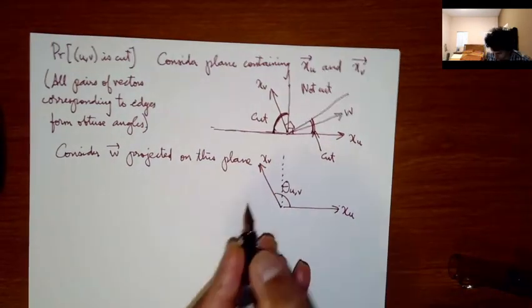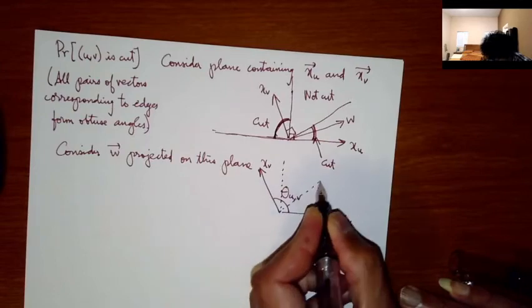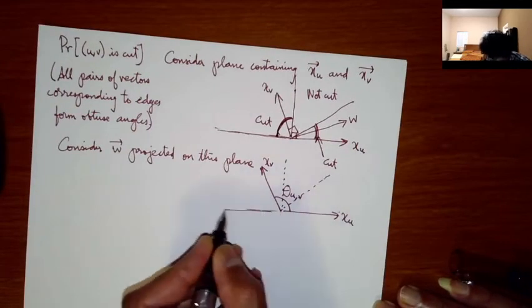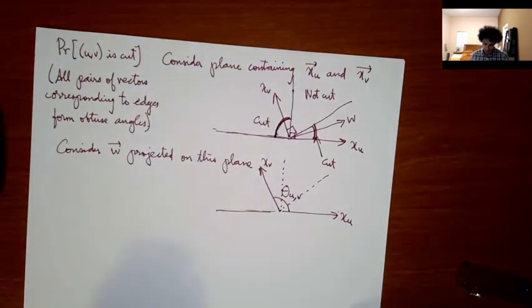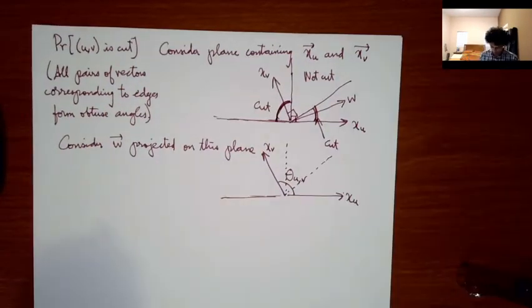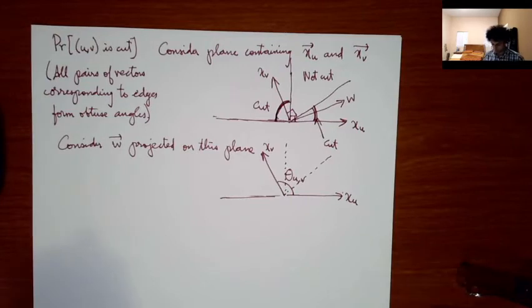I'm just drawing this with dotted lines here. Compare this cut angle, this angle plus this angle, to theta UV. How much is it? Can you see? More or less.